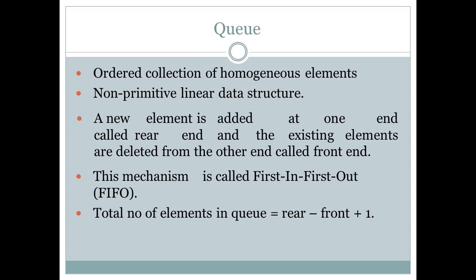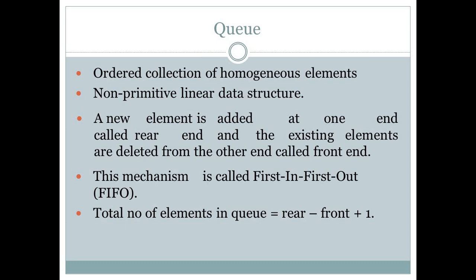When a new element is added at one end called rear, the existing elements are deleted from the other end, called front end. So here we will delete our element at the front and we will add our new element at the rear.